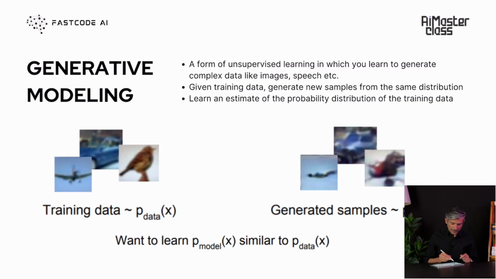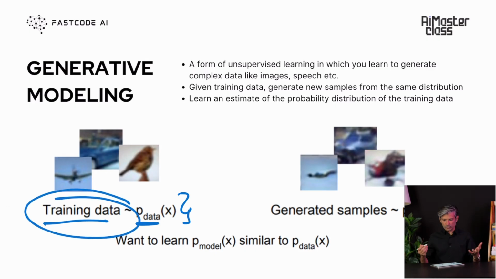So, let's say we have training data, right? And we call this training data P of data, and let's say this training data gives us this distribution over images. Now this is obviously a very high dimensional distribution because the images are high dimensional, but let's assume that this training data is giving us a distribution.